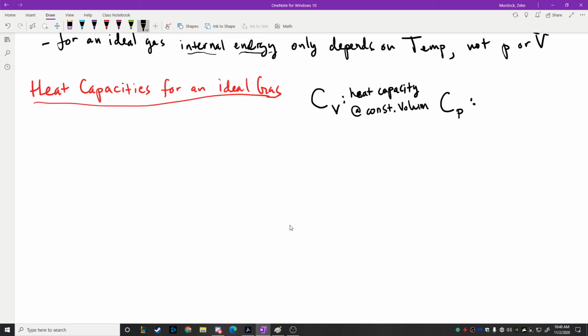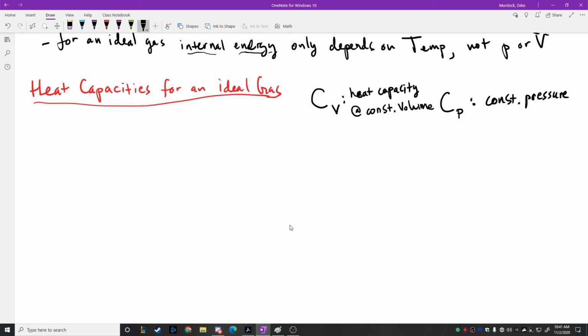And then Cp would be the same thing but constant pressure. So heat capacity at constant volume and heat capacity at constant pressure.